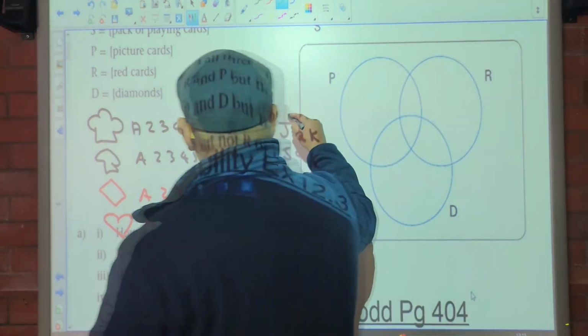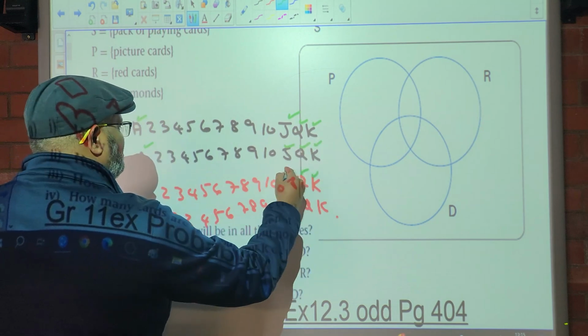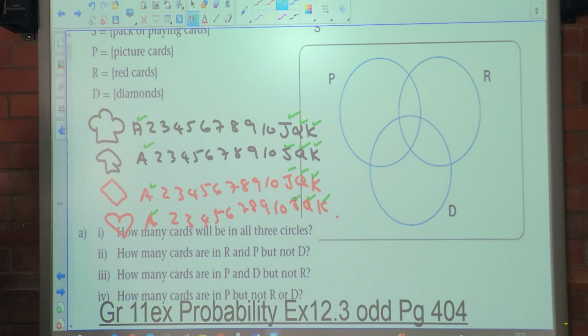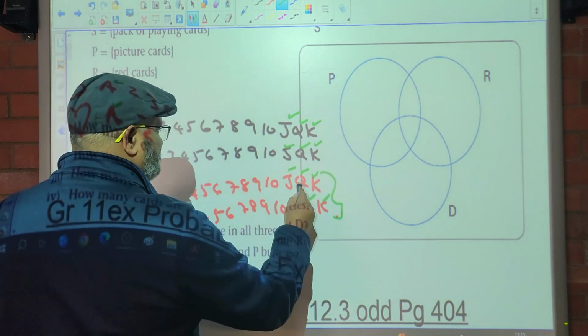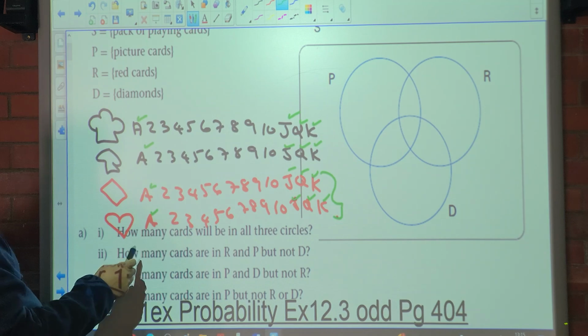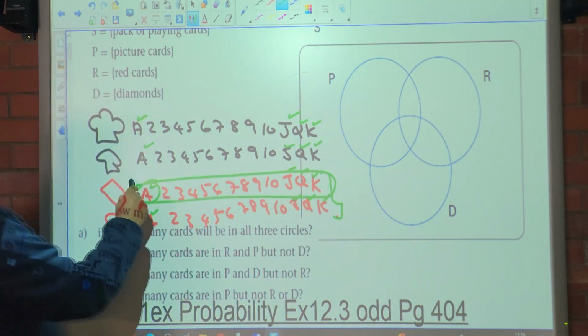So for it to be a picture, it's 1, 2, 3, 4, 5, 6, 7, 8, 9, 10, 11, 12, 13, 14, 15, 16. There are 16 pictures. And it must be red, and it must be a diamond. Can you see?